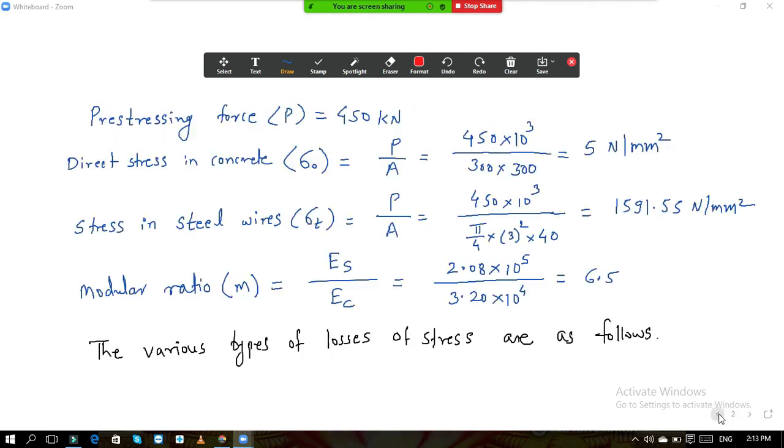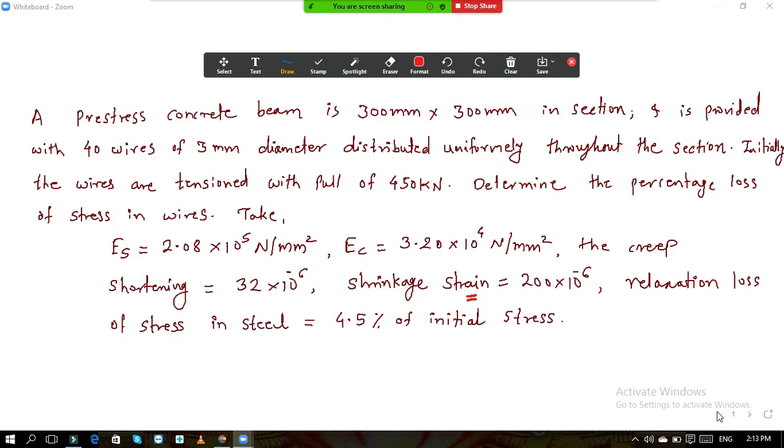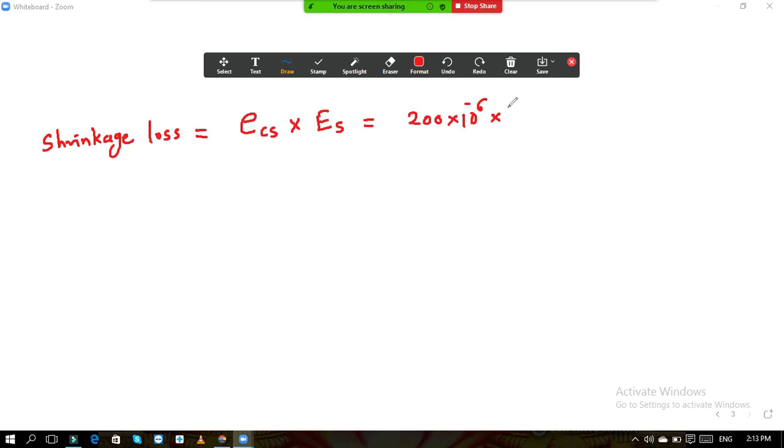The value of ES is also given. It is 2.08 into 10 raised to 5. If you solve, you will get the answer. It is 41.60 Newton per mm square. This is the first loss, shrinkage.